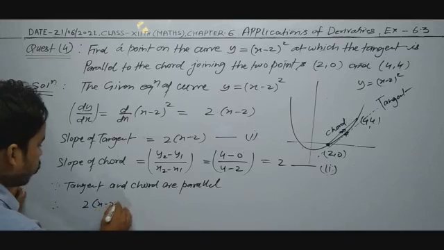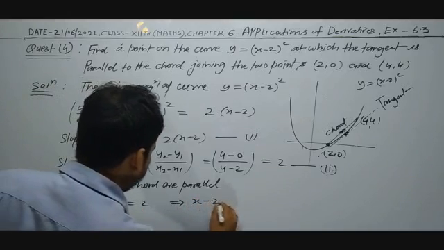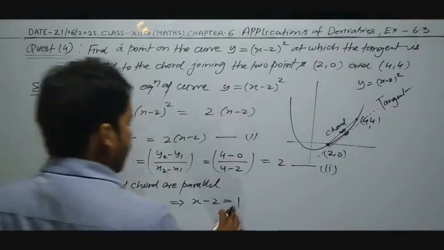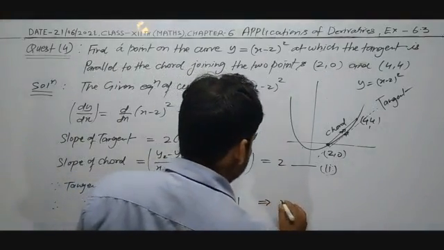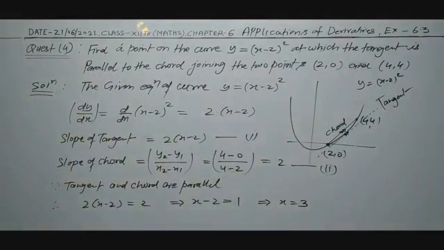It means 2(x - 2) is equal to 2. This implies x - 2 is equal to 1, and x is equal to 3.